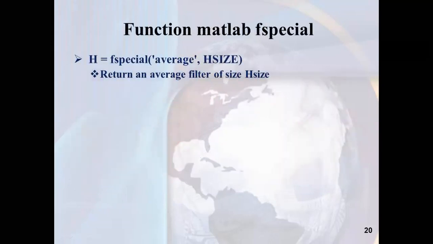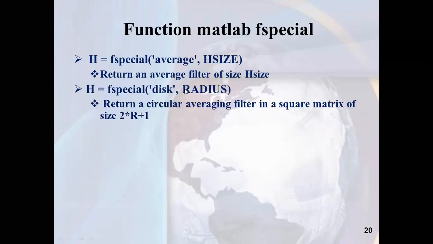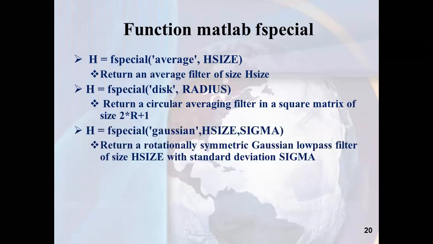So F special in general, we have average. We return the average filter of size, and this is the size of the window. We can use disk, like I make a disk filter. So the neighborhood is a radius of the disk, and I put the radius. We may apply Gaussian, and of course, when you use a Gaussian filter, we have to give the size and sigma.